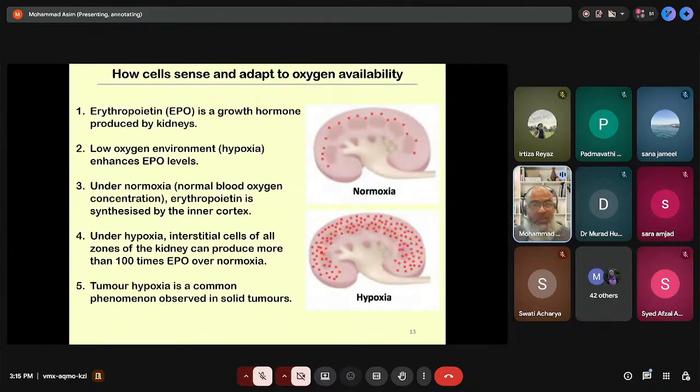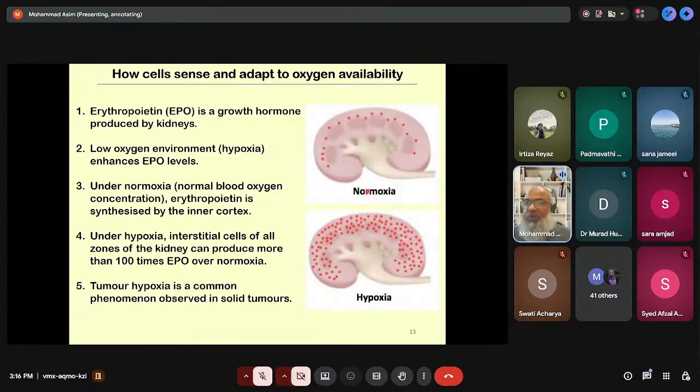In normal individuals, not only the cortex cells, but also these medullary regions of the kidney start to produce an enormous amount of erythropoietin, as much as over 100 times the amount compared to normal conditions. And that erythropoietin is going to send a stimulus to the bone marrow to make more erythrocytes or RBC. More erythrocytes will try to capture more oxygen and try to settle the condition so that the person returns to normoxia. I hope that makes sense.